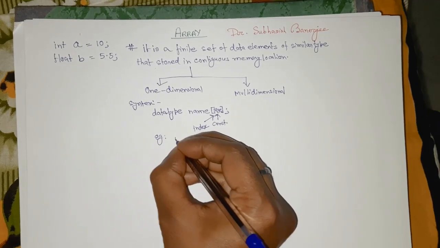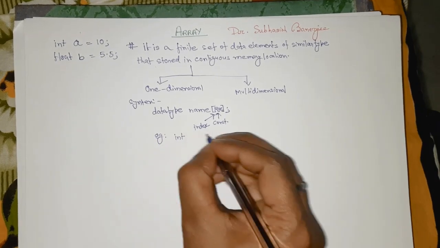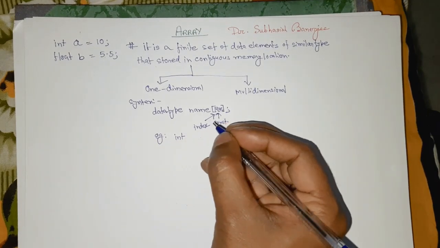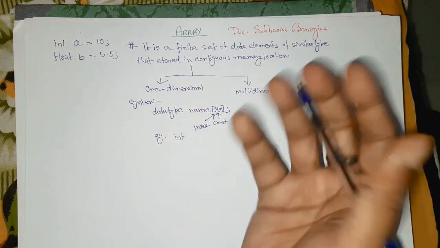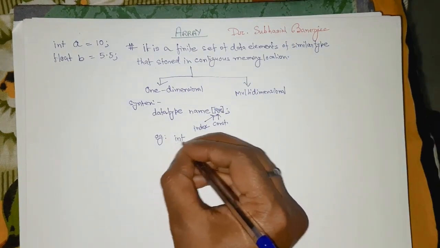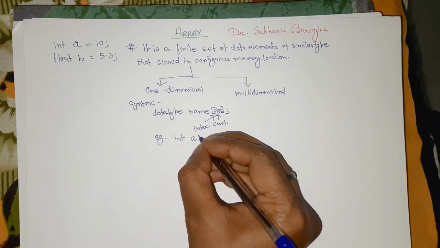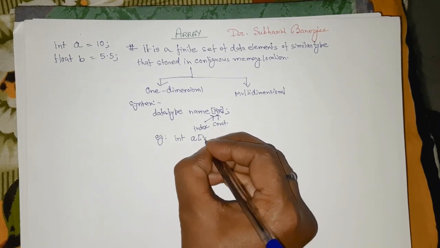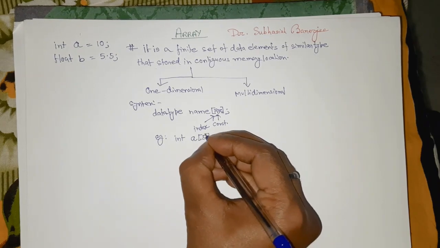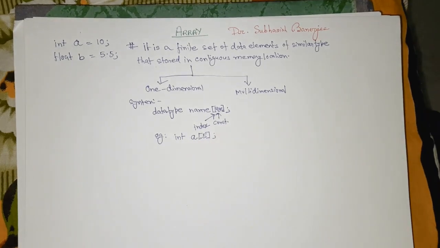If we define an array of integer type, suppose we want to store integer data elements, we'll have to specify the data type as integer, and the name of the array, let's say a. Suppose we want to store a maximum of 5 elements, so we can declare the array as int a[5].